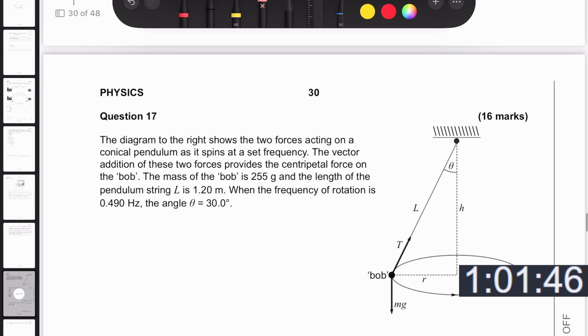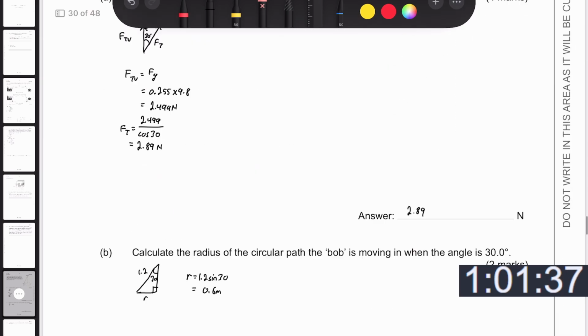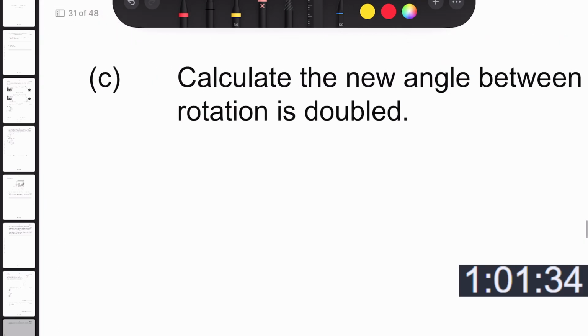Calculate the new angle between the pendulum string and the vertical if the frequency of the rotation is doubled. Okay, so frequency of rotation doubled. That means that my frequency is equal to 0.98 hertz.